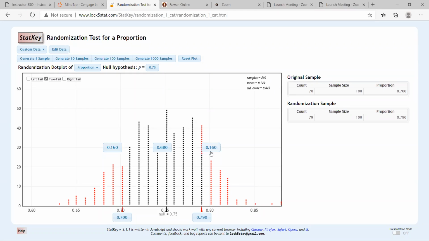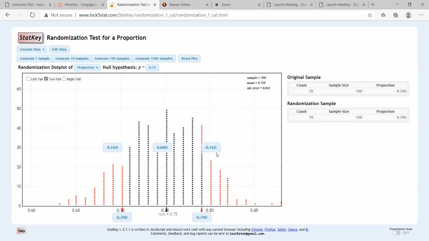When you add these two numbers, 0.16 plus 0.16, it's 0.32. Notice if you took the middle number here and subtracted it from 1, you get 0.32. So your p-value is 0.32. It's not 0.16. It's the sum of these two, or one of them times 2. But it's 0.32. So your p-value is 0.32.